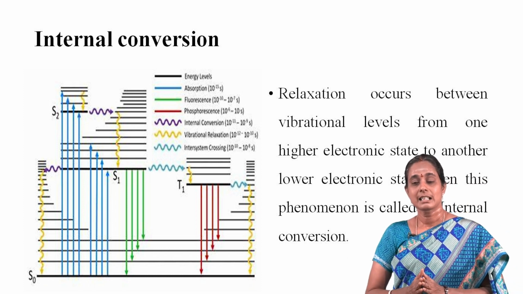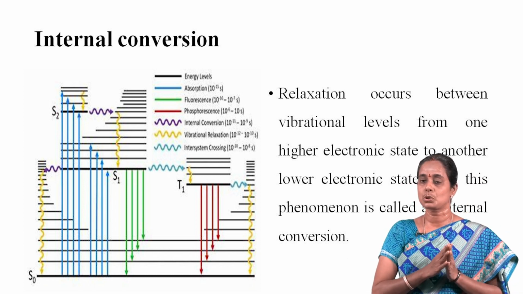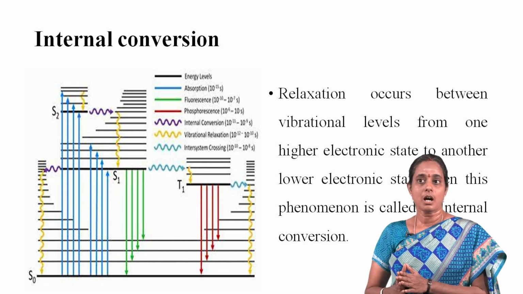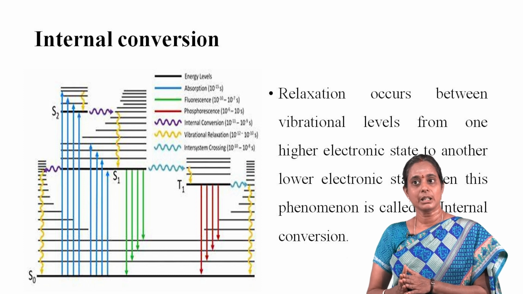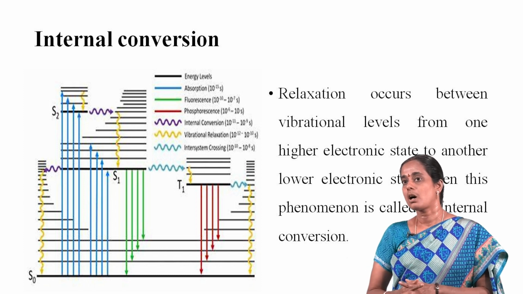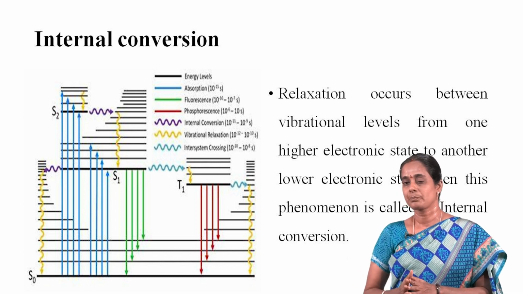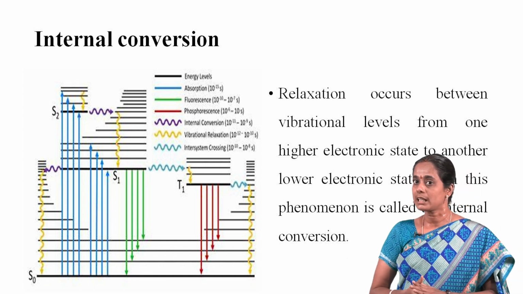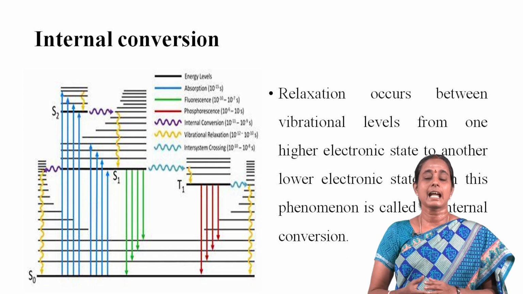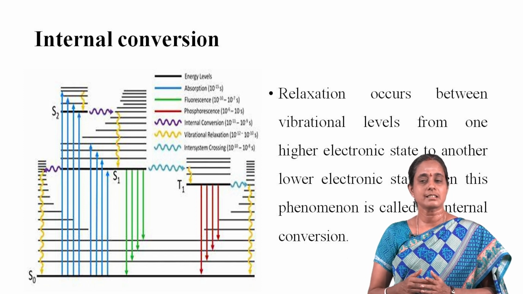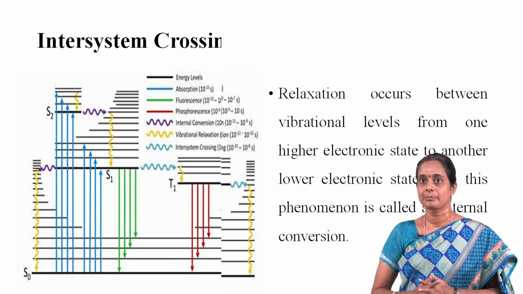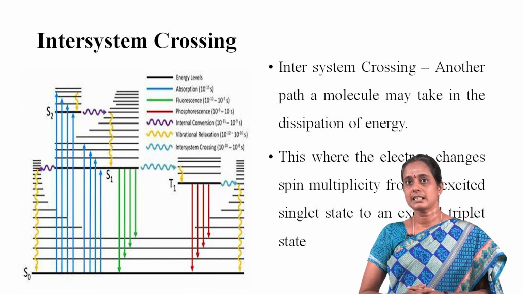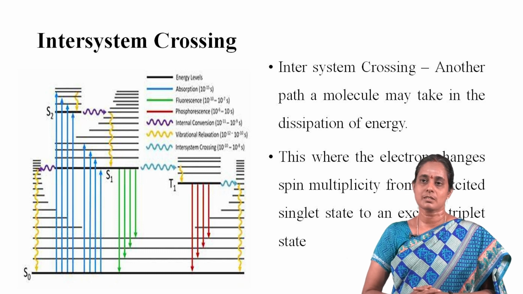It involves transitions from S2 to S1, S3 to S2, or in a triplet state T2 to T1 or T3 to T2, which occurs when a vibrational state of an electronically excited state can couple to a vibrational state of the lower state.